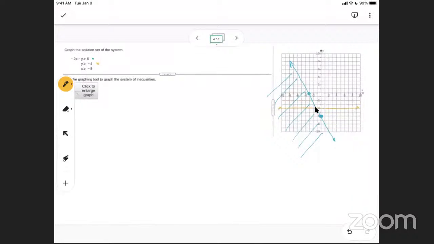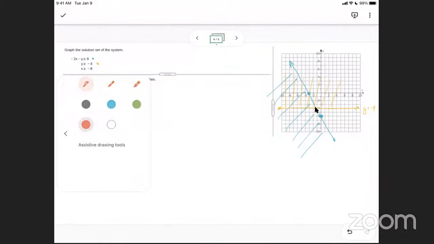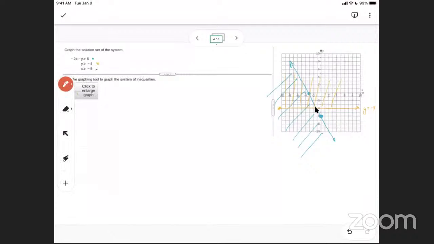So that's y equals -4, and anything above it is greater than or equal to it. And this line here, x is greater than or equal to -8. Well, x equals -8 is a vertical line. So x greater than or equal to it means that y can be whatever it wants to be, but x has to be greater than or equal to -8, which means it goes this way.